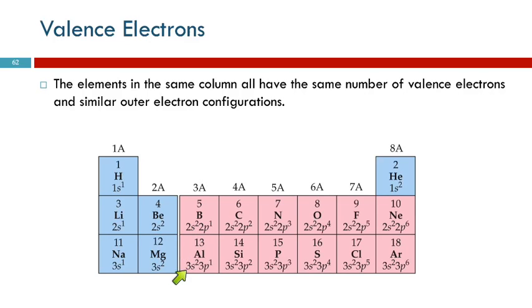Here it's on the second level, here it's on the third. Fluorine and chlorine, their electron configurations end with s2p5. That is why fluorine and chlorine share many of the same chemical properties. They have the same number of valence electrons, and it's the valence electrons that have a lot to do with the reactivity of an element.